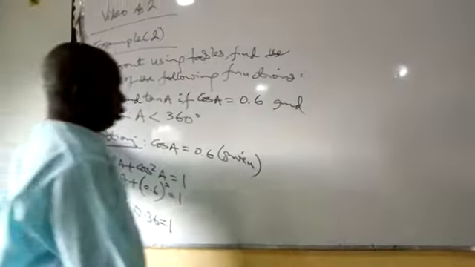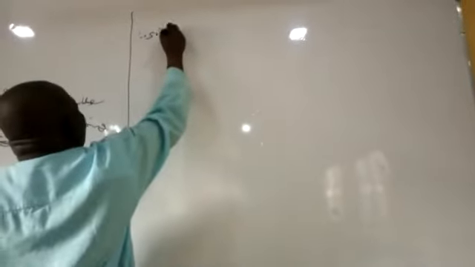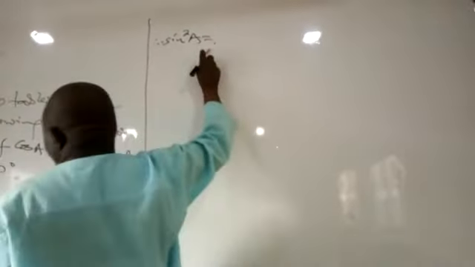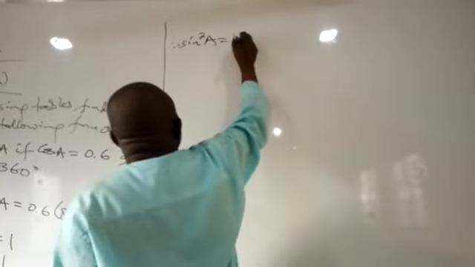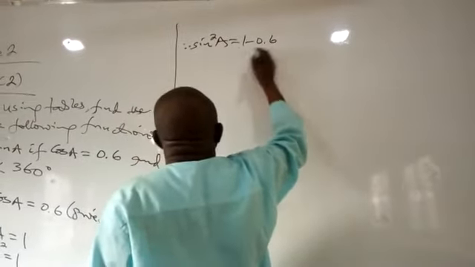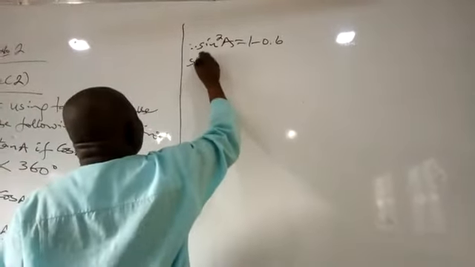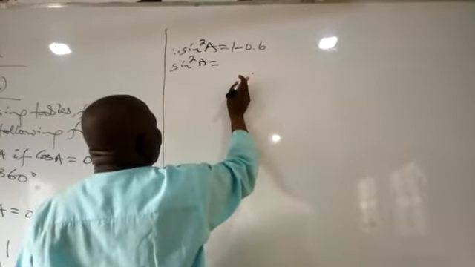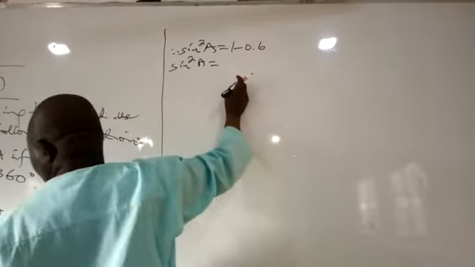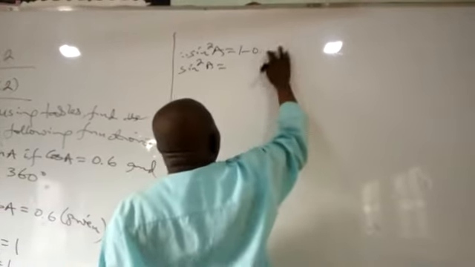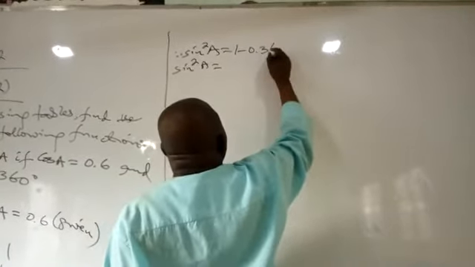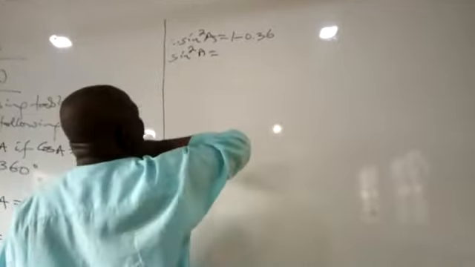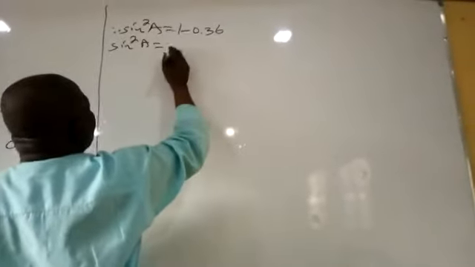Therefore, sine square A is equal to 1 minus 0.36, which will be 0.64.